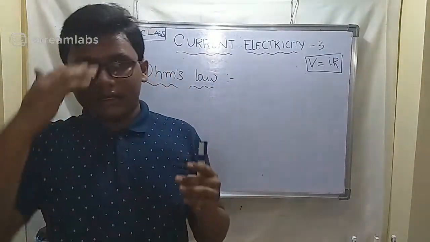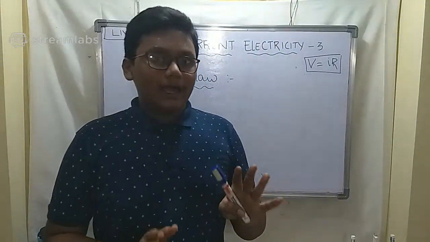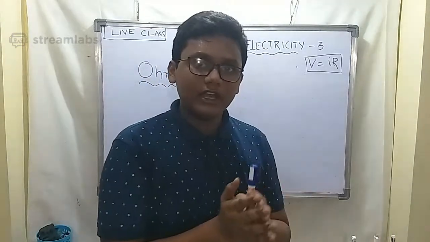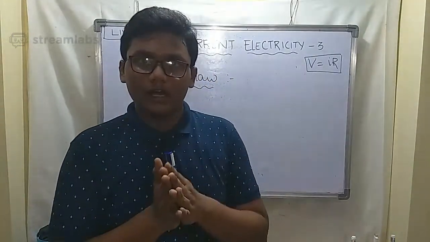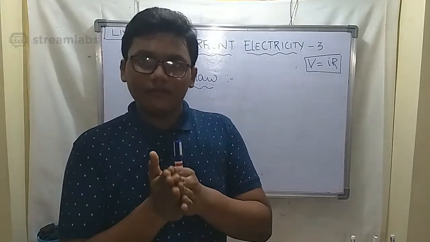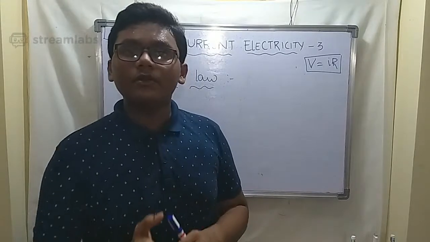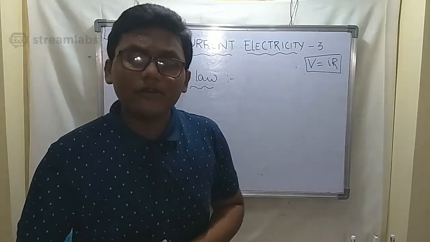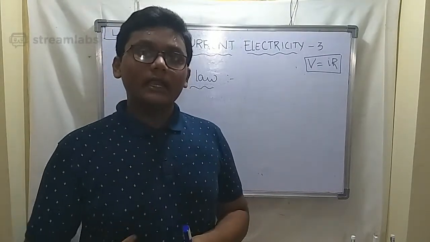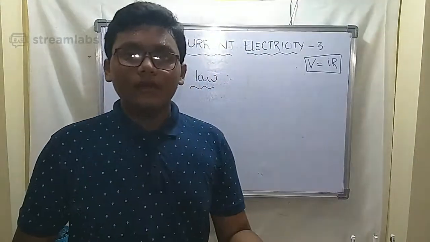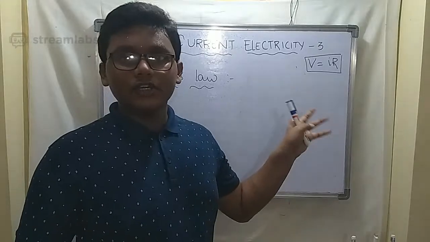N depends upon the metal, the number of free electrons. If there is iron, Fe plus 3, and Cu plus 2, the number of free electrons is different. The number of free electrons is varying. So N depends on the metal.